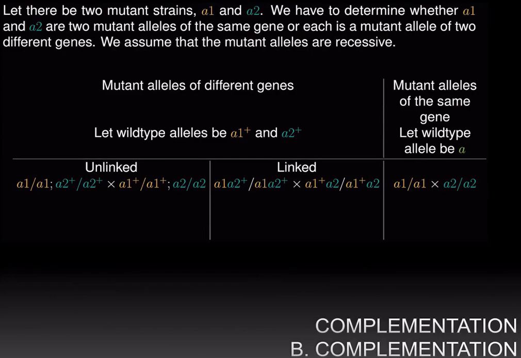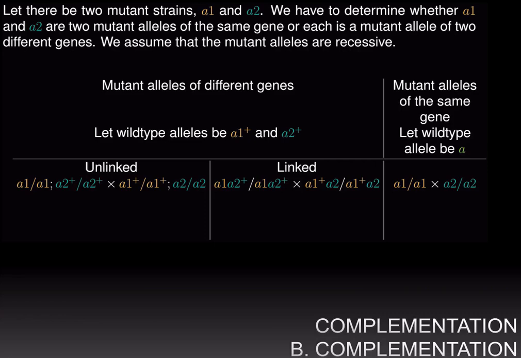So let the two mutant strains be A1 and A2. And we want to determine whether A1 and A2 are two alleles of the same gene, or whether A1 is a mutant allele of one gene and A2 is the mutant allele of a distinct gene.